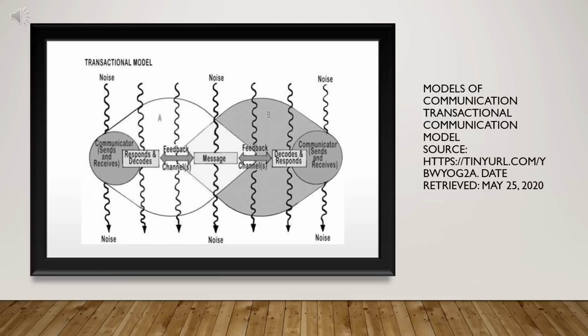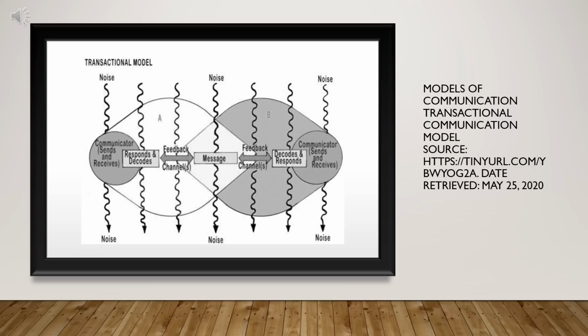Then he or she will provide feedback again after decoding the message that was received. That's why it becomes transactional. The transaction is not hindered even by certain barriers, just like noise. That's why it's the transactional model, wherein you have the transaction going on. The conversation just keeps on going with the message being understood.